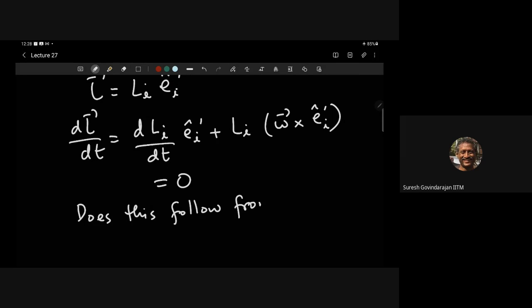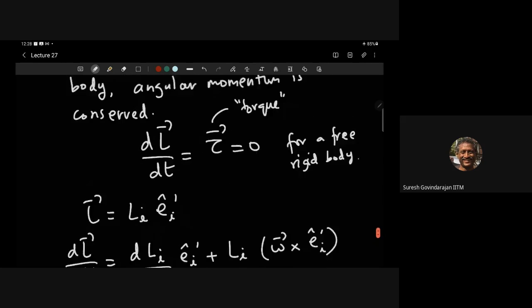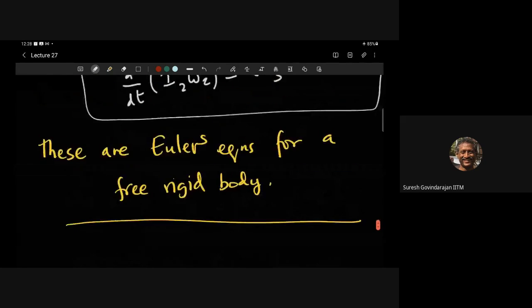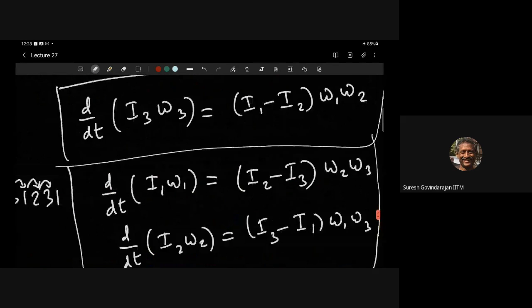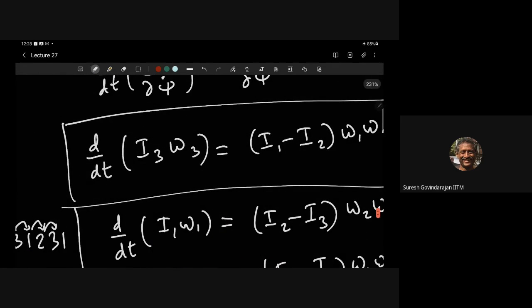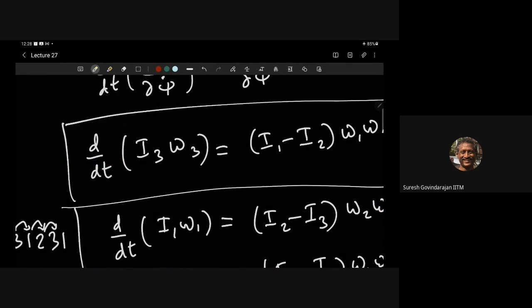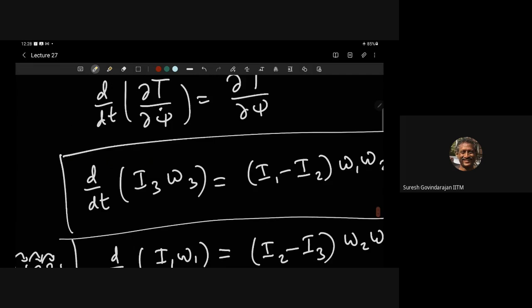The answer is of course yes. So these equations, you just look at them a little bit. What do we have? Come back here. Let's pick this.